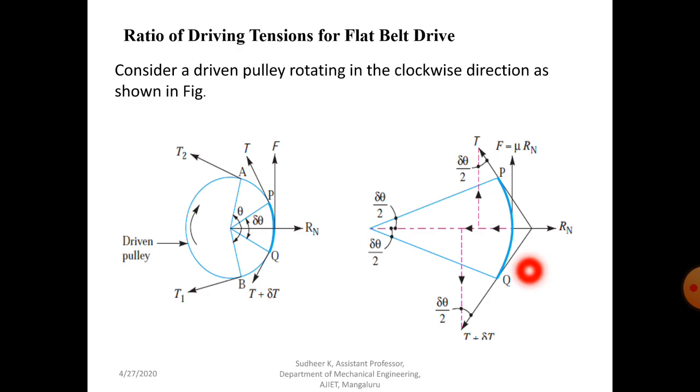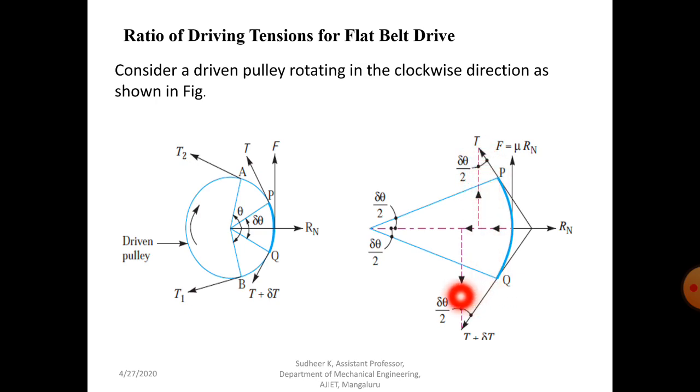You can see here, mu into Rn is nothing but F, that will act vertically in the upward direction. Similarly, this T into sine d theta by 2, because we have to resolve, this also acts in the upward direction.